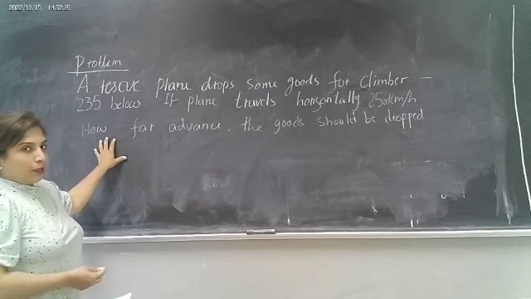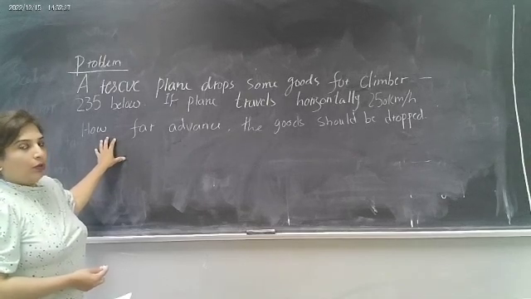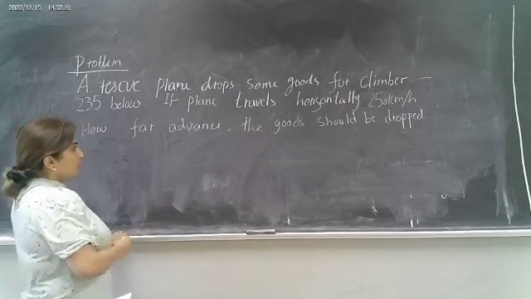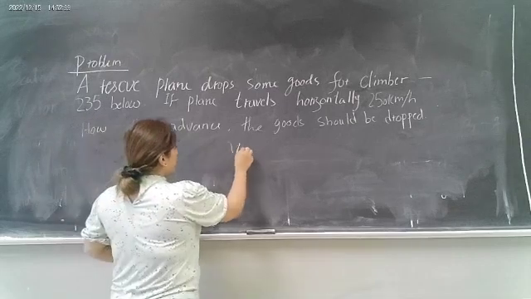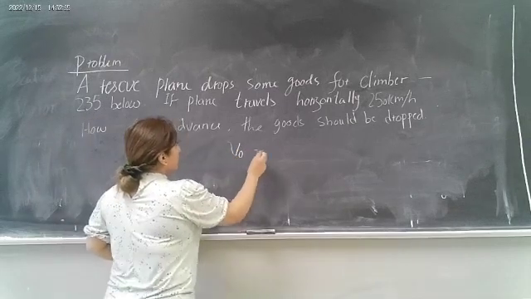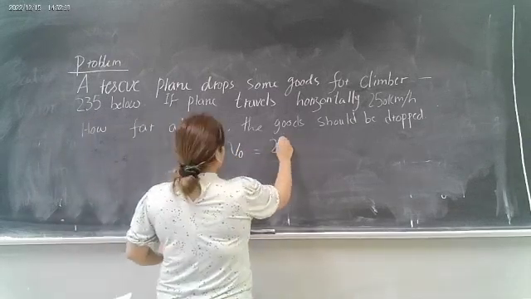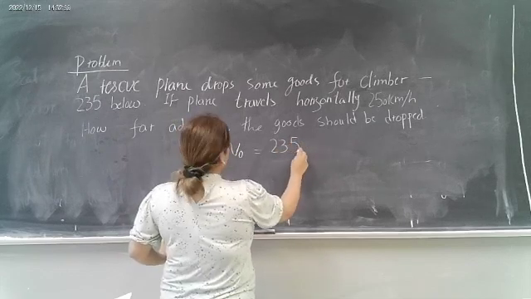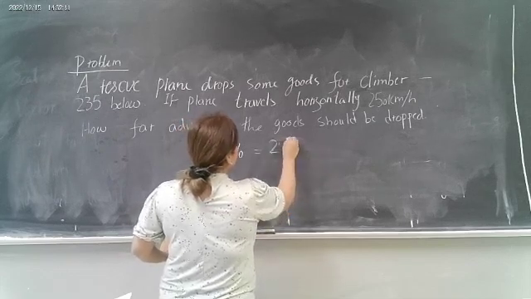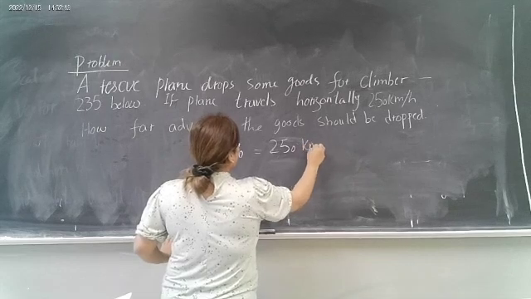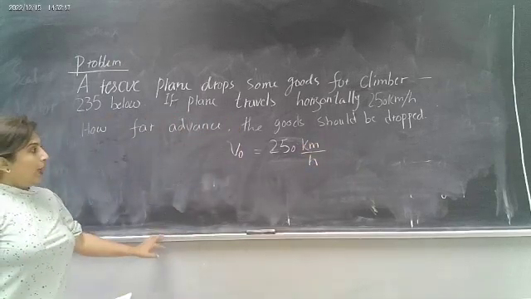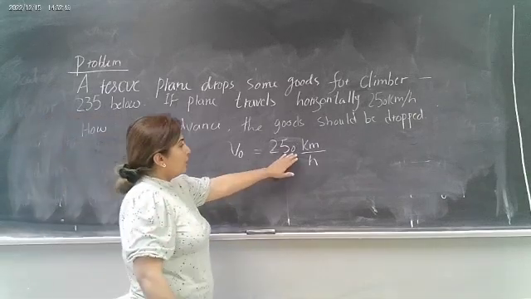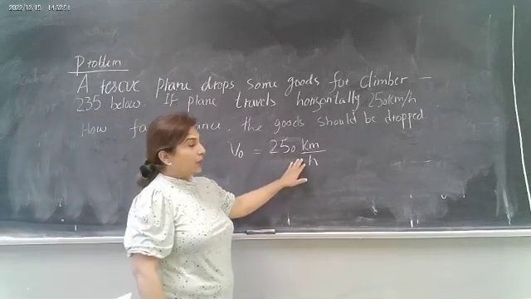First of all, what is given to you? It's the initial velocity. So we can write down the initial velocity is 250 km/h. Now this one is not in the units where we would like to convert it to the MKS system.